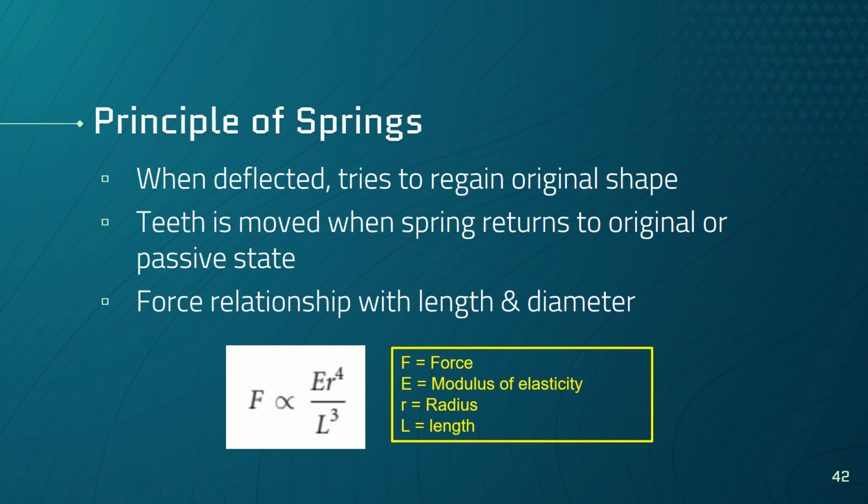Now, the force generated is directly proportional to the modulus of elasticity and to the fourth power of the radius, and is inversely proportional to the length of the wire.